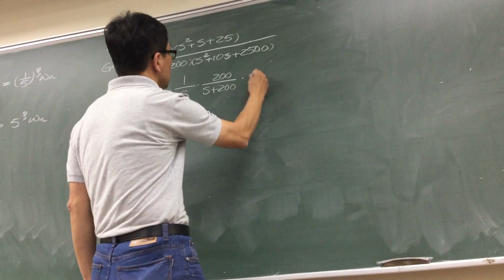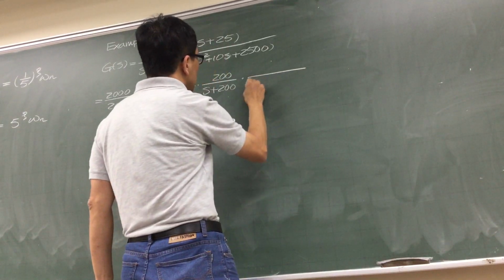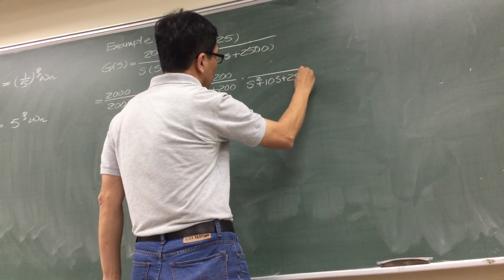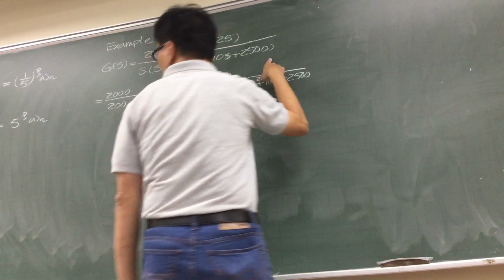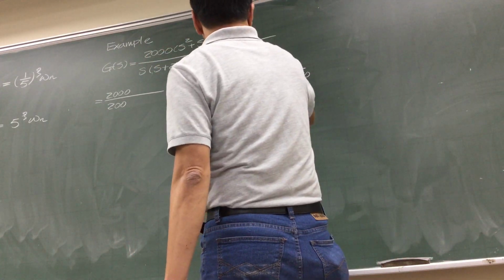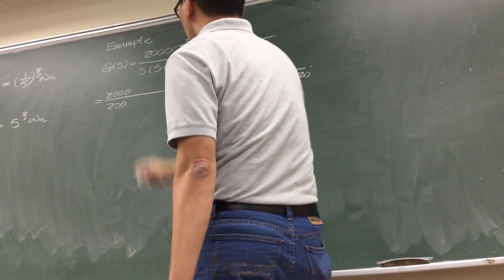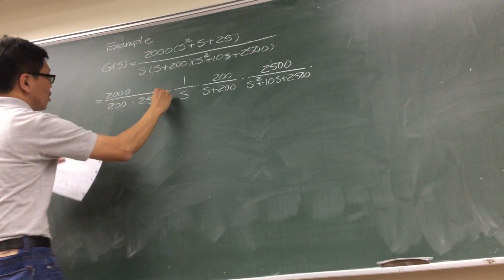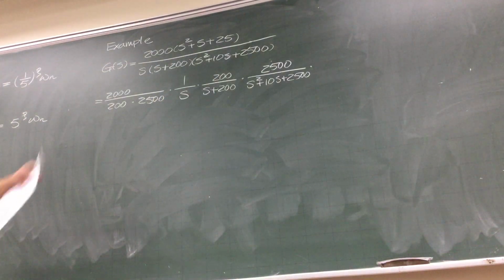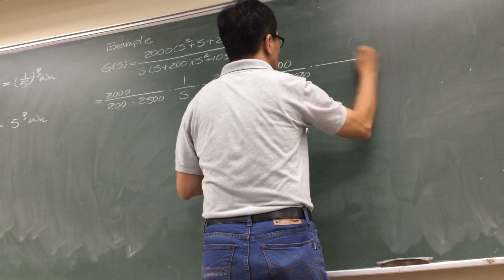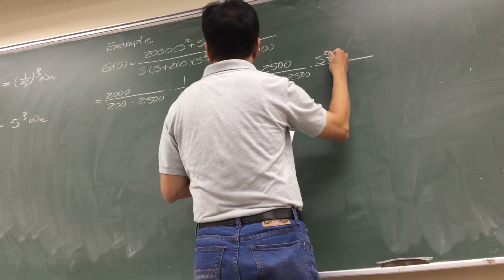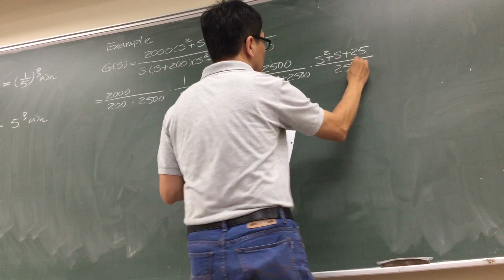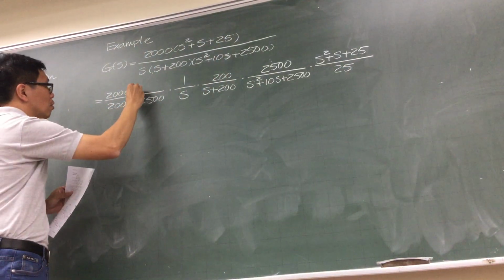Then I'll deal with s squared plus 10s plus 2,500. What do I need to put over here? 2,500. So what do I need to do over here? 2,500. I still have one more to go. s squared plus s plus 25. So I got 25 over here.